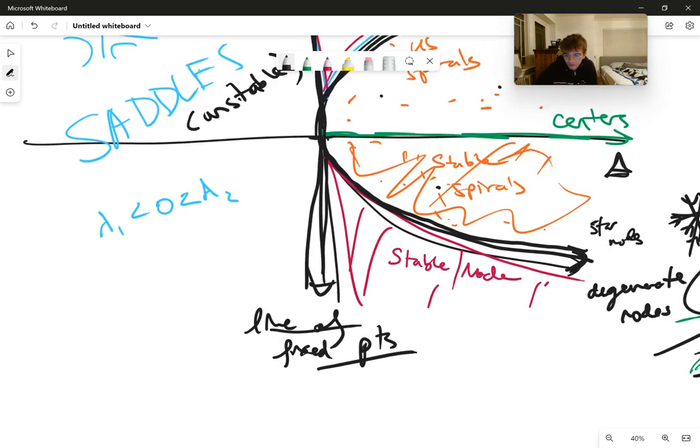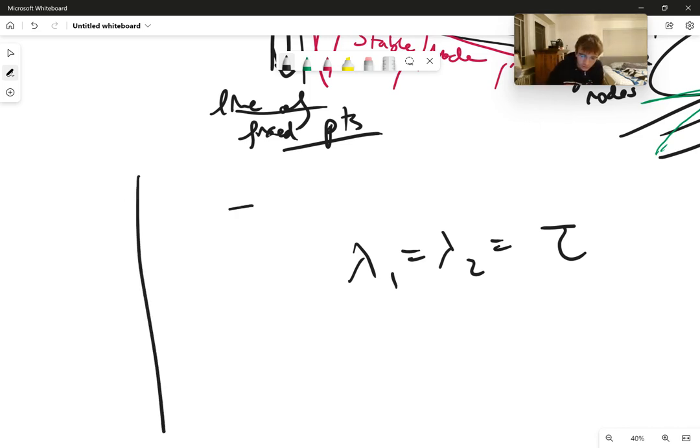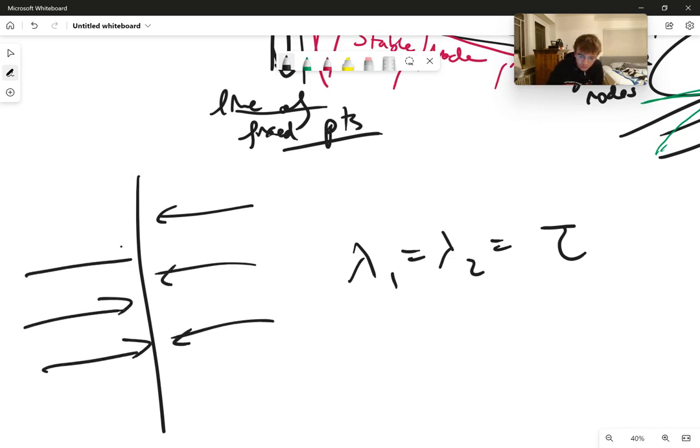We're going to have that lambda 1 equals lambda 2 is equal to the exact trace of the matrix. For an interesting reason, if lambda is exactly the trace of the matrix, we're going to have fixed points which are essentially a vertical line. So we'll have something that looks like this, where we lose the uniqueness of the fixed point.